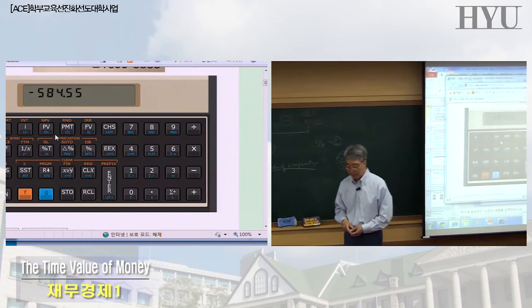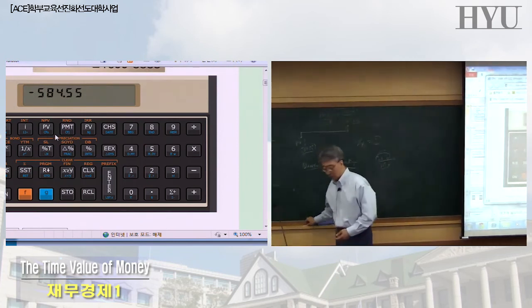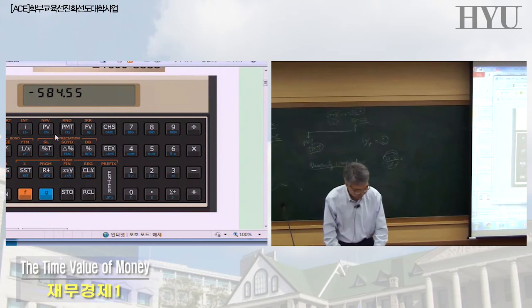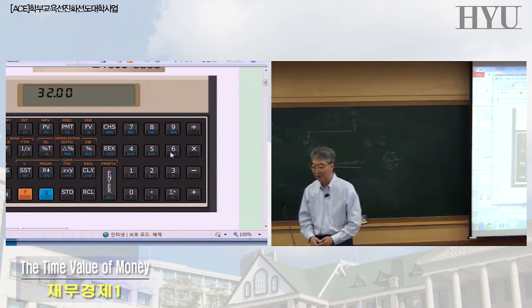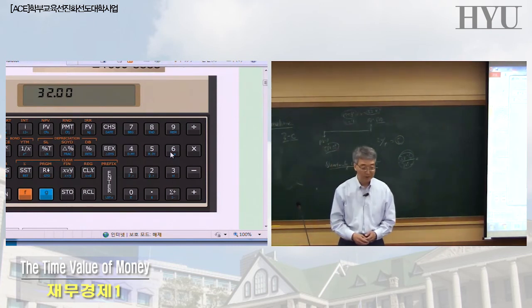All right, so you can do that, or here's another way. Using the calculator, clear the register, and 800 for future value, okay? And 8, enter, 4, multiply. What did I do? I just calculated the number of quarters, right?